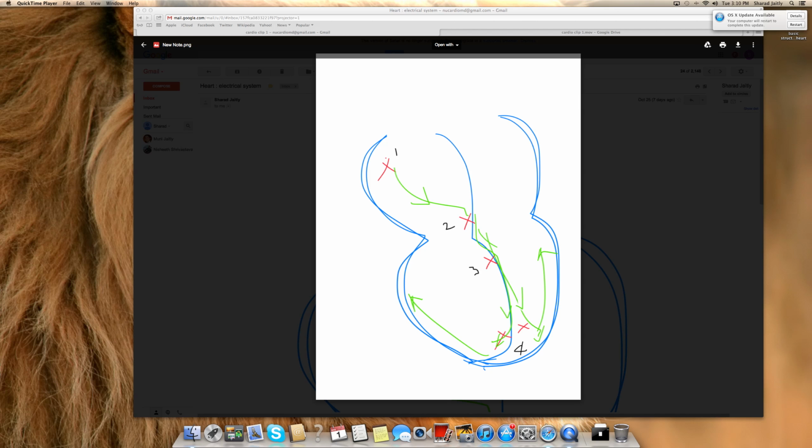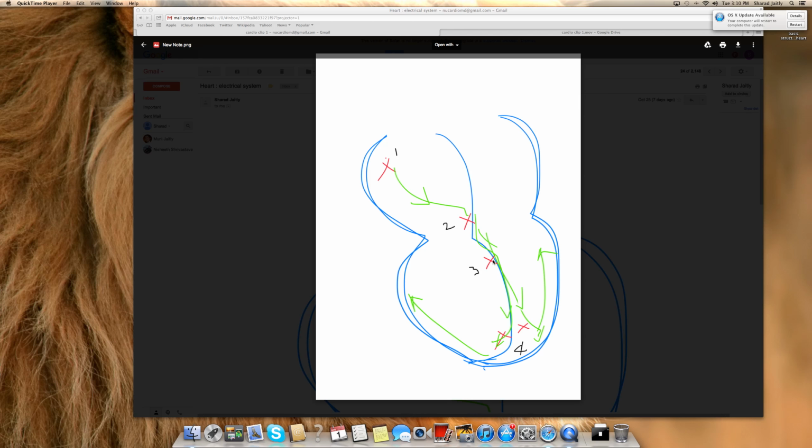It's a very, very beautiful way of conducting the whole wiring within the house, or within the heart. It travels to point 3, and that's called the bundle of His. His is named after a doctor or scientist, Dr. His, and therefore it's called the bundle of His. It's a bundle of nerves that travel from the AV node, or AVN, to the bundle of His, that's point 3.